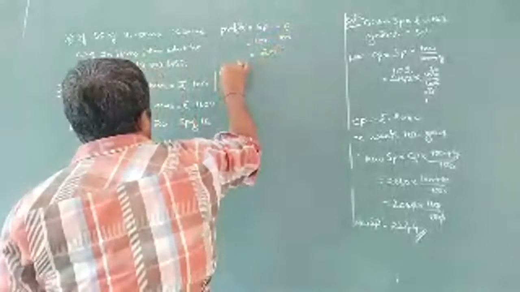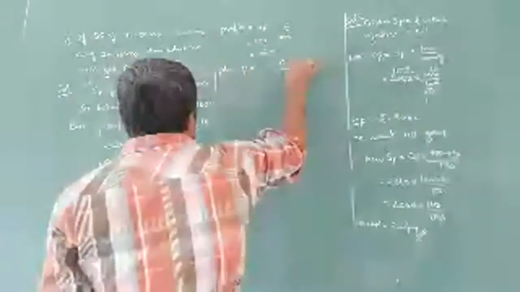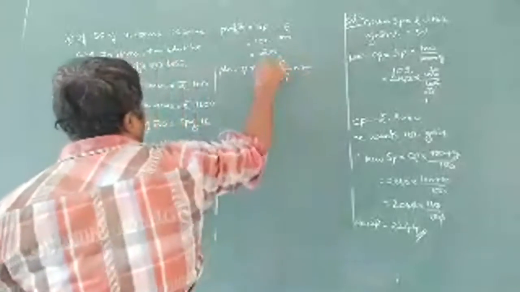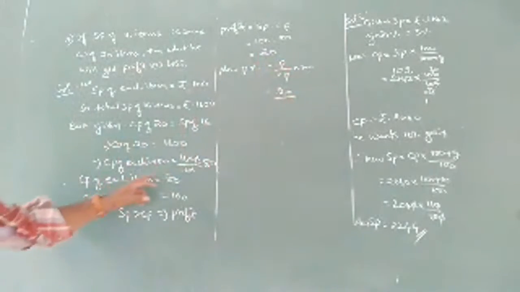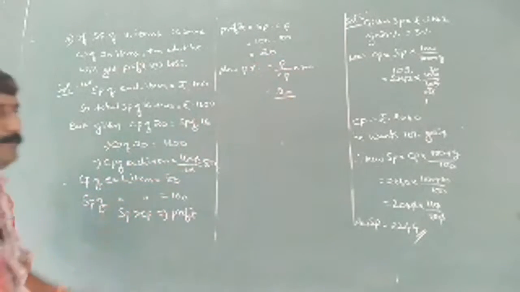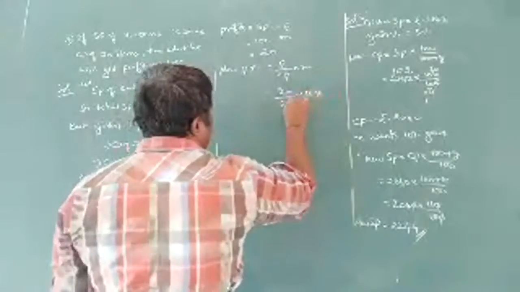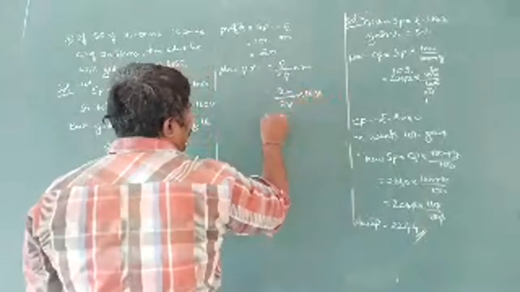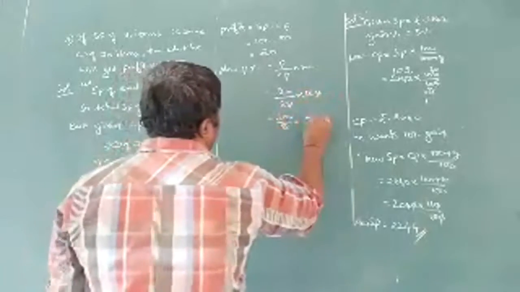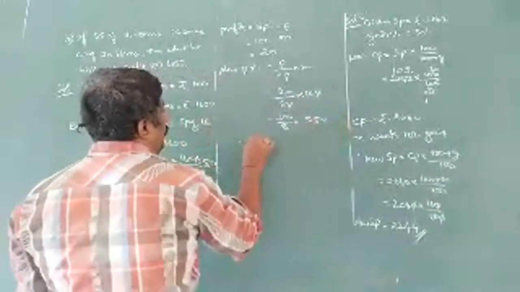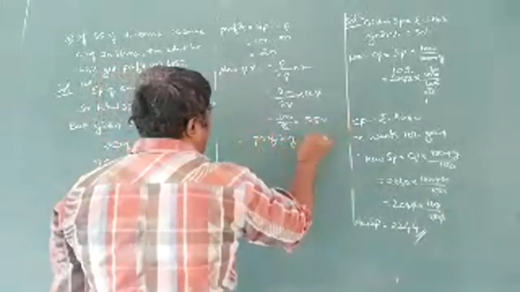Now profit percentage can be given as profit by CP into 100. What is profit we have here? 20. And what is CP for each item? 80. So 20 by 80 into 100, zero getting cancelled, this is 200 by 8, or else 25%. Therefore he gets profit of 25%.